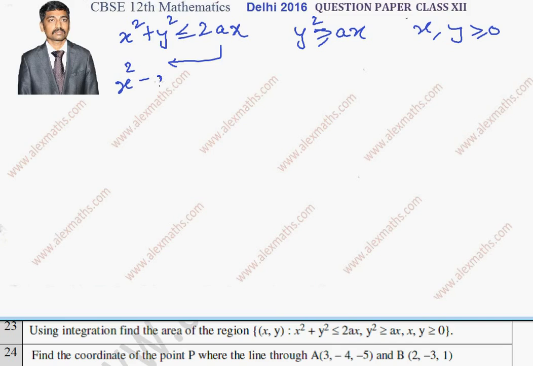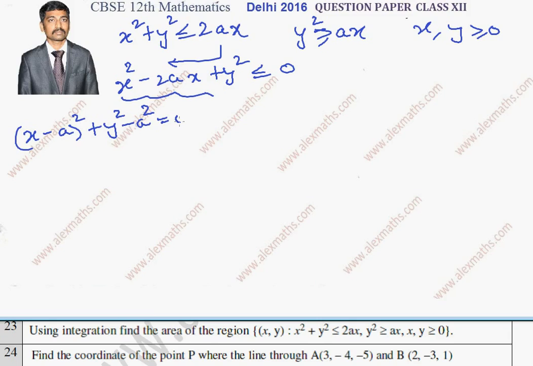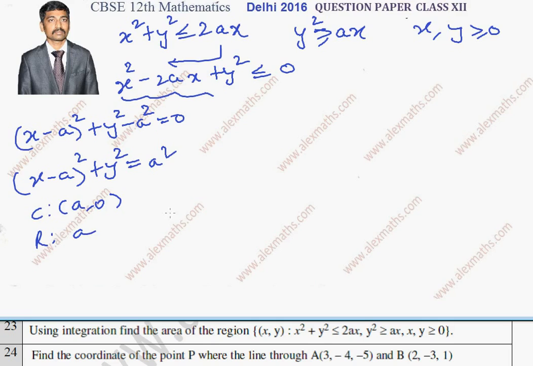So x square minus 2ax plus y square less than or equal to 0. We have to complete the square. So this is x minus a whole square plus y square minus a square equal to 0. So we get x minus a whole square plus y square is equal to a square. So this is a circle with center a comma 0 and the radius is also a.